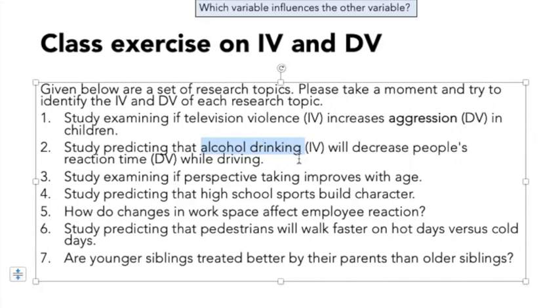So this is exactly what we call manipulating our variable. If you can take a variable, divide it into a few groups and randomly put people into these groups so that you could do your study, usually that variable is what we call the independent variable, the variable that you can manipulate, which also is the variable that would influence the other variable.